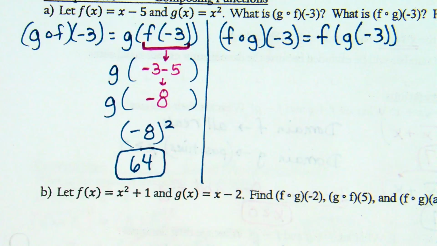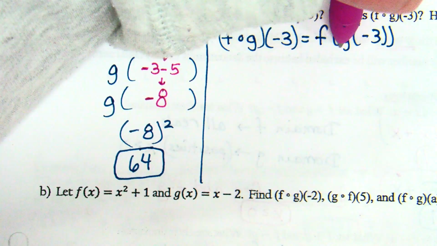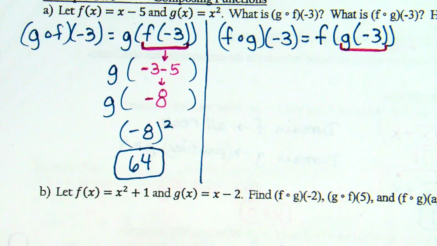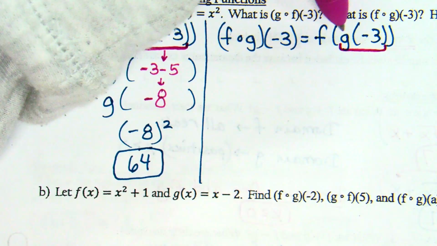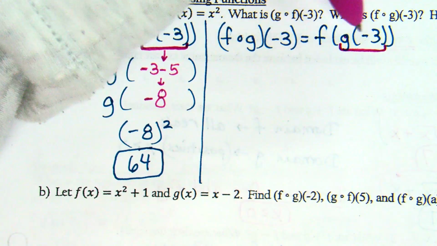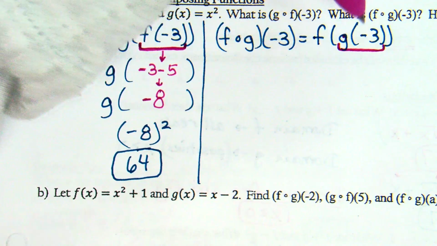Start where? We're going to start on the inside with negative 3. And that negative 3 we're going to put into which function? g. So we're putting negative 3 into g.